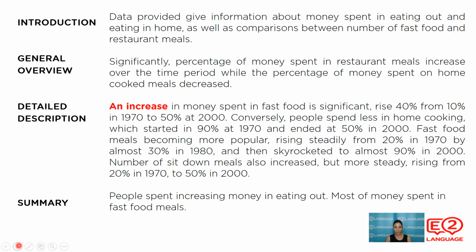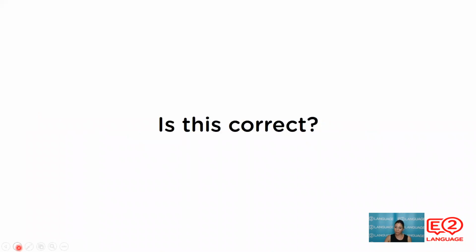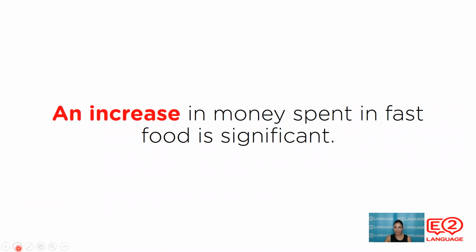Okay, so the article noun is an increase. Is this correct? Should it be an increase? So there are a couple of mistakes in this sentence. The prepositions are also wrong, but we're going to get to prepositions in a moment. Let's look at this. An increase in money spent in fast food is significant.